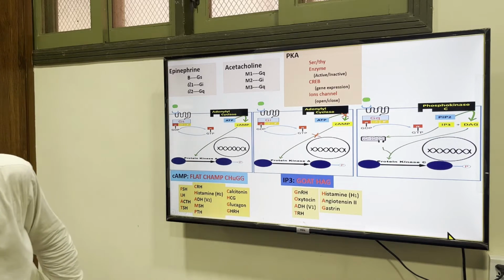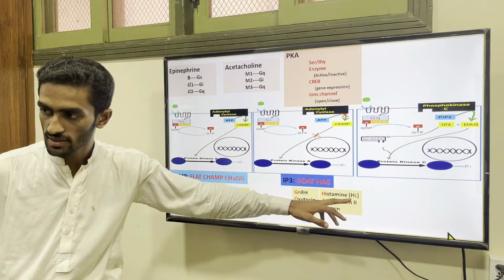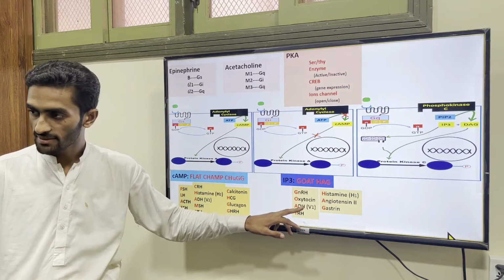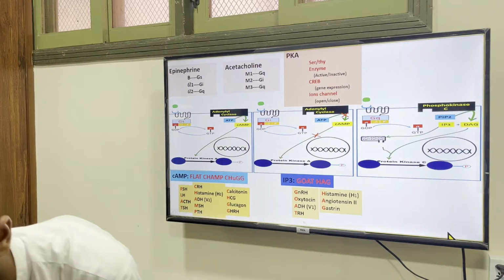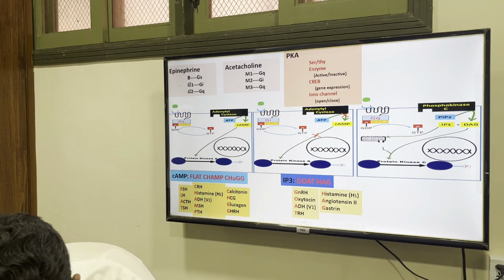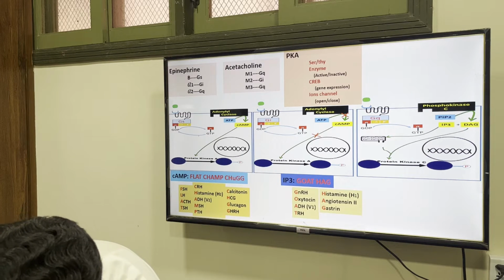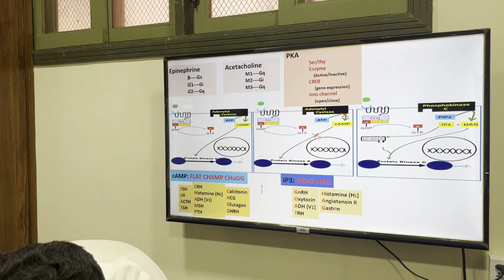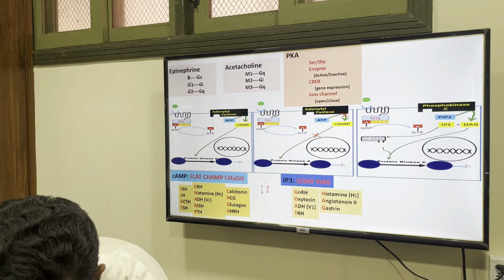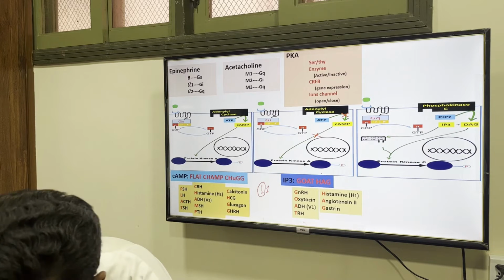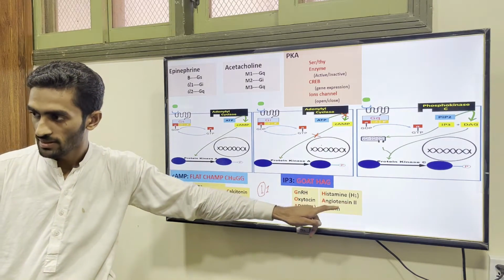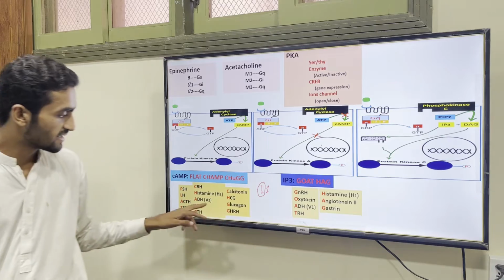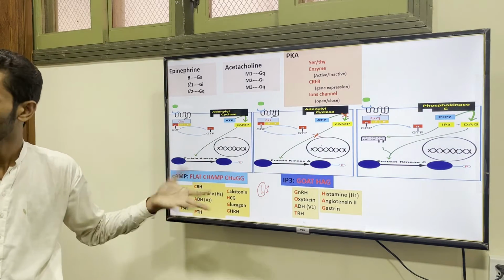So this is an easier way, because H1 receptor histamine is present here, and ADH is present here too. If you follow the picture, the I looks like a 1, so just follow that IP3 uses the V1 type of receptor. So V1 and H1 are IP3, while the V2 receptor and H2 are cyclic AMP.